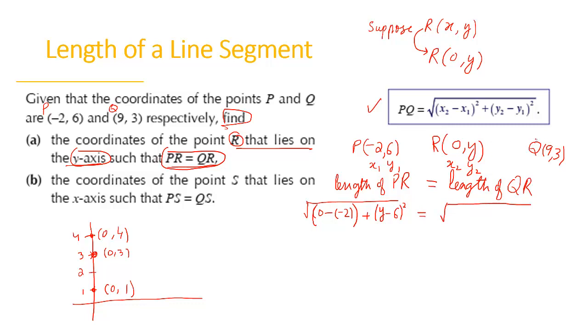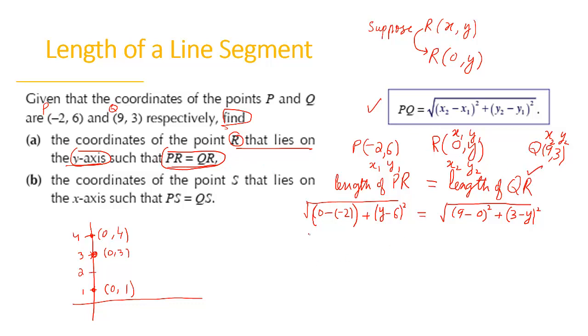For QR, let me call this x1, y1, and x2 and y2. The x2 is 9, minus x1 which is 0, whole square, plus y2 which is 3, minus y1 which is y, whole square. This is for the length QR.